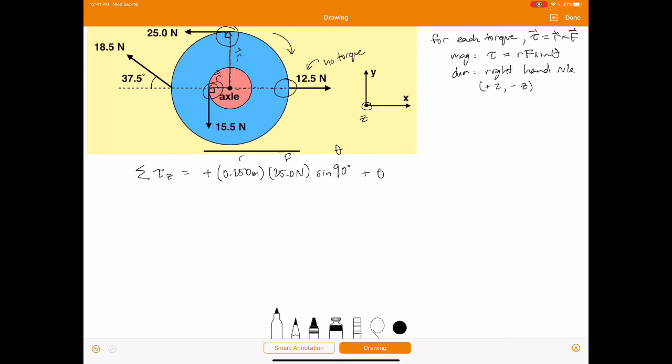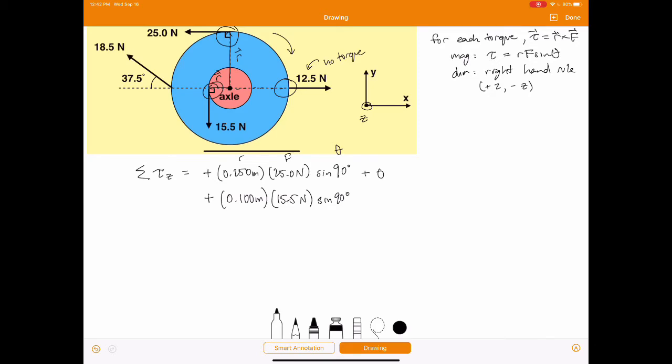So by the right-hand rule, if you want to know what direction this torque is in, point your fingers in the direction of r, which is going straight to the left, curl them in the direction of the force, which is going straight down, and you should find that your thumb is pointing out of the page or in the positive z direction. So what's r in this case? That's the smaller radius, 10 centimeters or 0.1 meters. What's F? That's 15.5 newtons, just shown on the diagram. And what's the angle between r and F? It's 90 degrees once again.